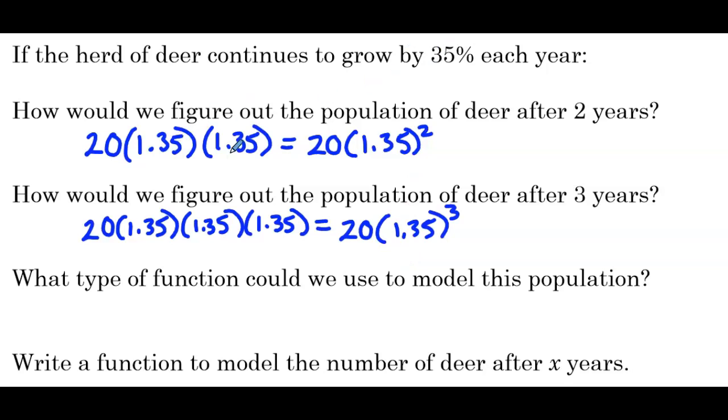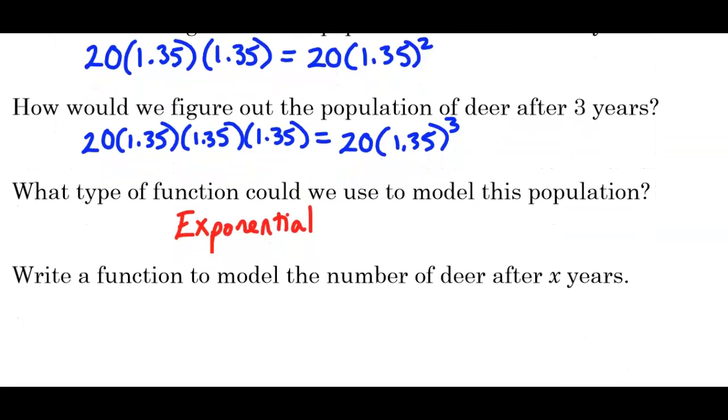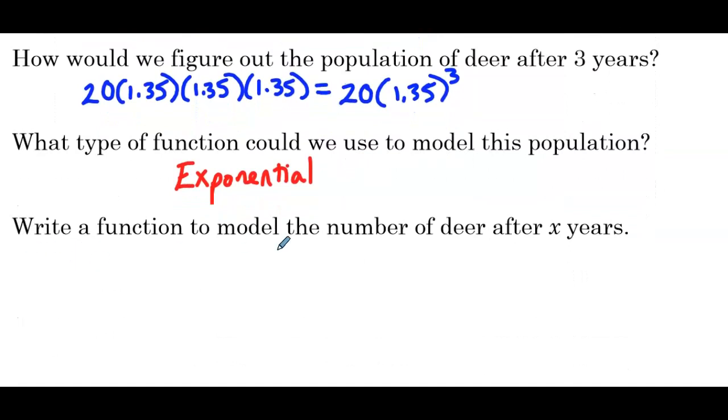Okay, so we have repeated multiplication to figure out the population from year to year, which we can condense with an exponent. So what type of function could we use to model this population? Well, an exponential function, as we discussed earlier. Now write a function to model the number of deer after x years.